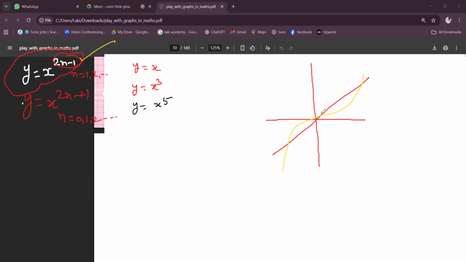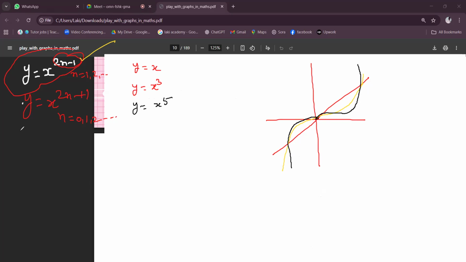I already told you whenever the power of x increases, the graph bends toward the y-axis, right? So it looks like this. It will bend toward the y-axis.